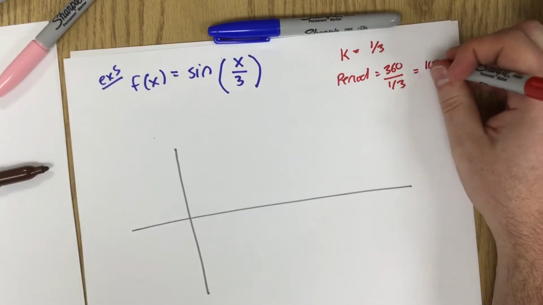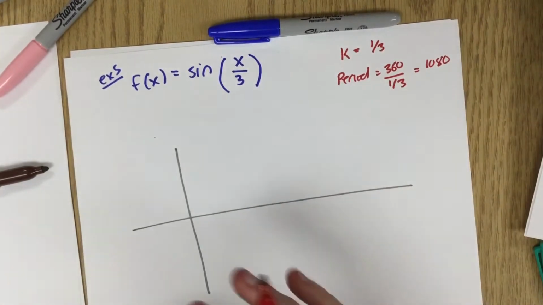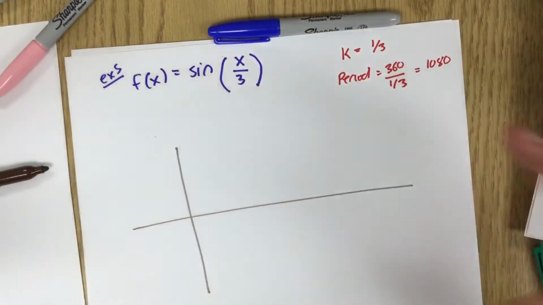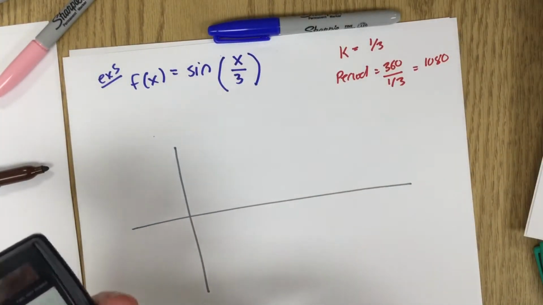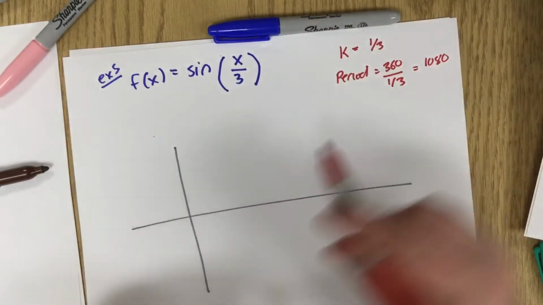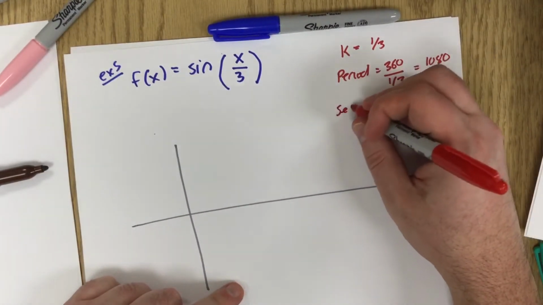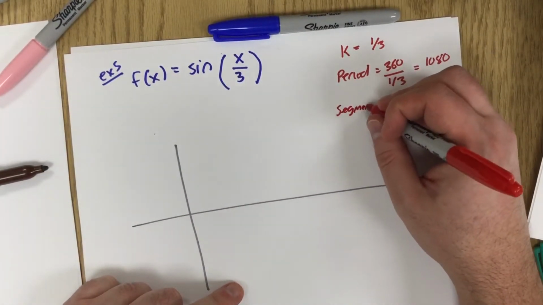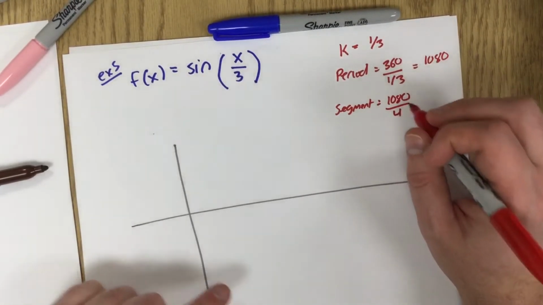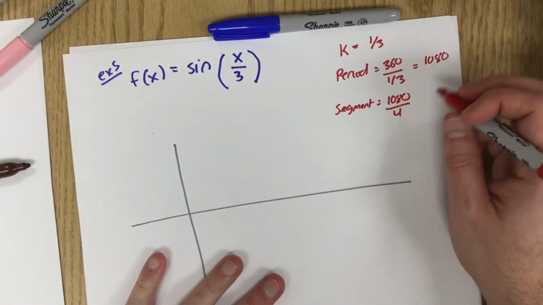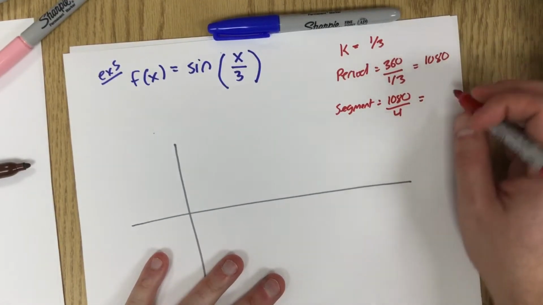So the period in this case is actually going to be 1080. It's going to be bigger. So this graph is going to be stretched out because it's a horizontal stretch. And a segment in this case would be 1080 divided by 4, which would be 270.